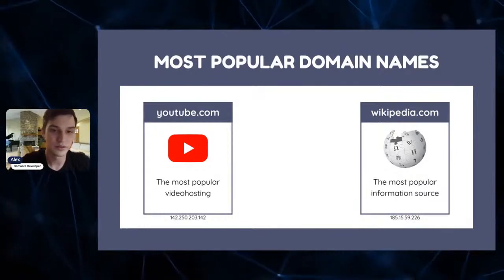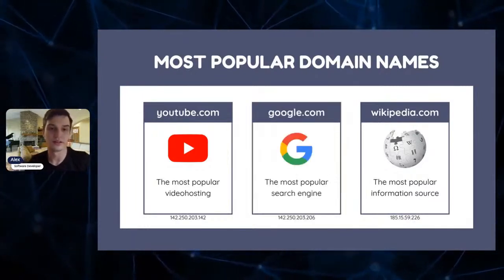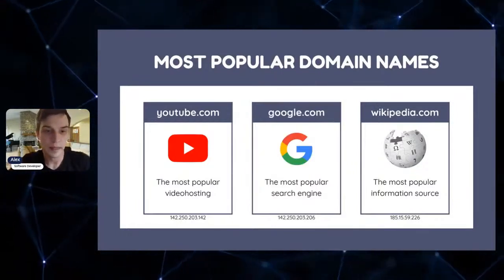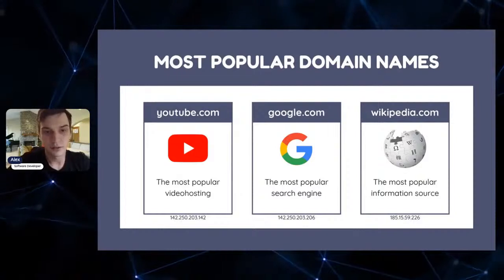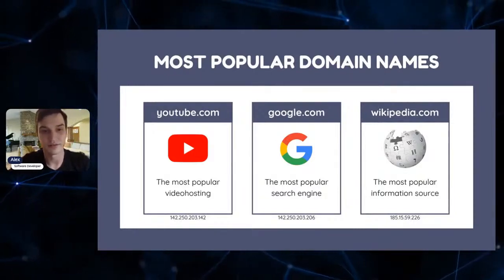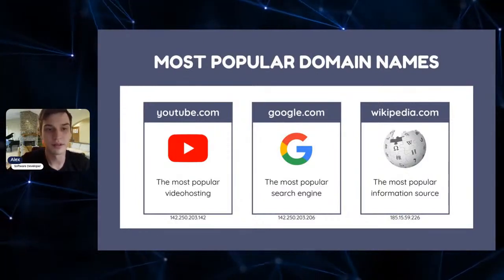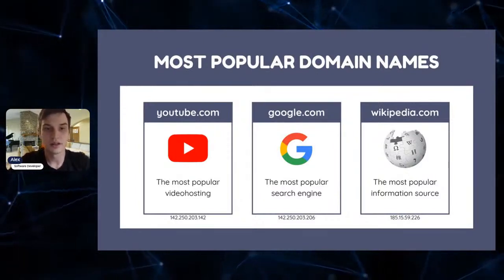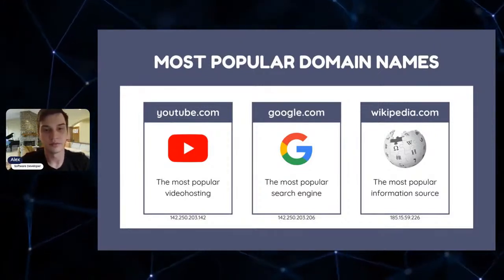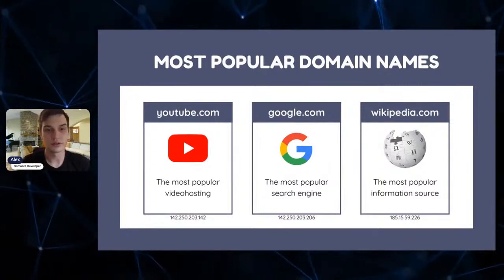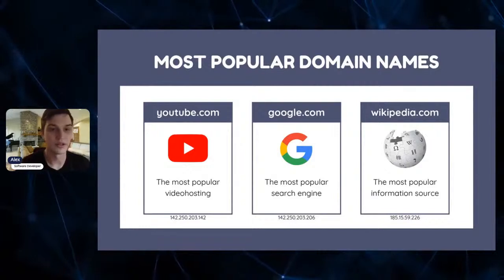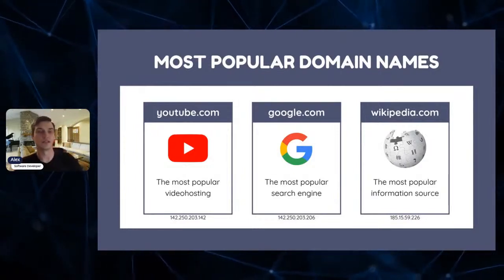It has its own IP address too. And the most popular search engine has its own IP too. And if you look, the IP addresses of YouTube and Google are pretty close, like the first three numbers are the same. That's because there are IP address zones. Both the YouTube server and the Google server are in one network because this is one company, one data center.